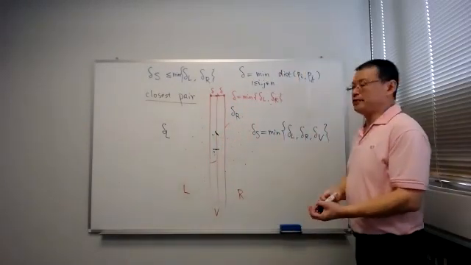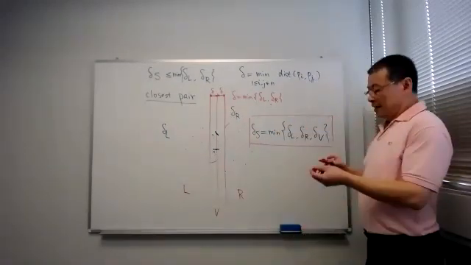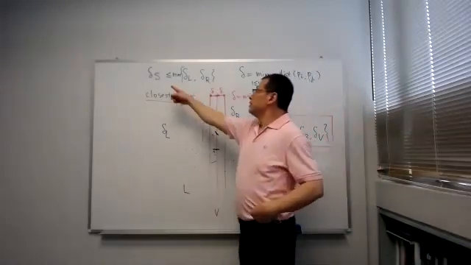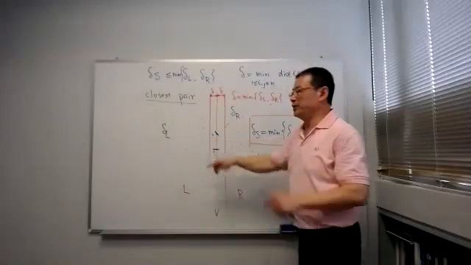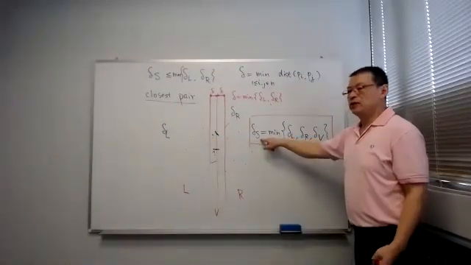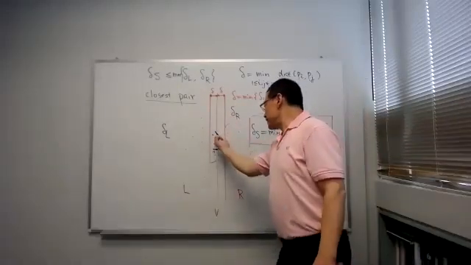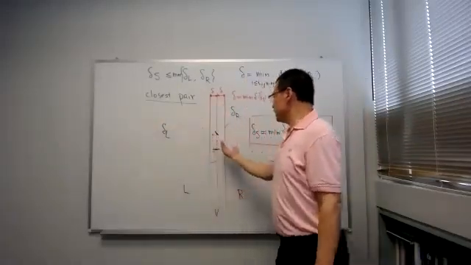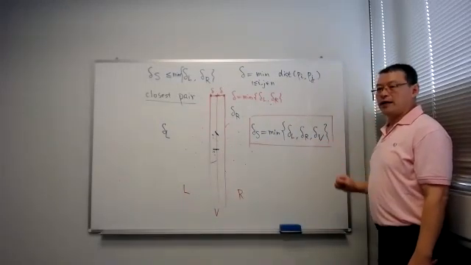So that gives us the following recurrence relation to compute the distance of the closest pair for endpoints. This delta S is the minimum of delta B here and the left side and the right side. So these 3 parts. All right.